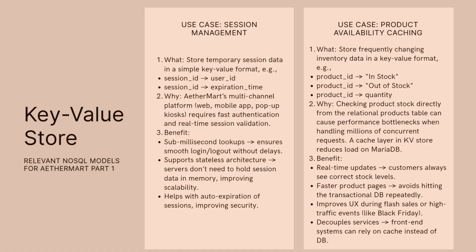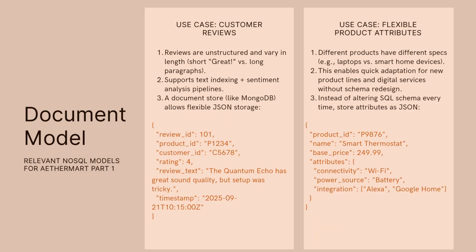Another use case can be product availability caching. It stores frequently changing inventory data, right? They can do it in a key value format. For example, if a product is in stock or out of stock, and what is the quantity, because we need quick checks. Therefore, key value stores are very efficient in these kinds of scenarios.